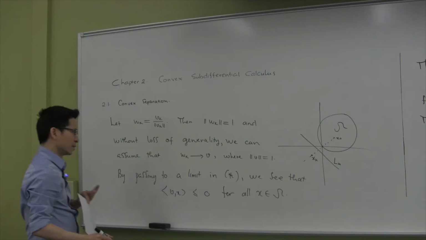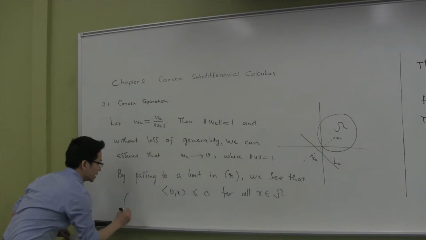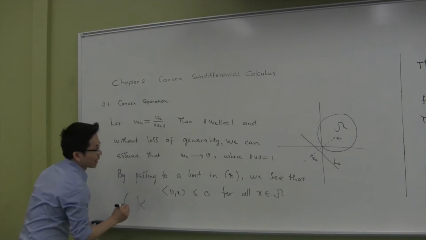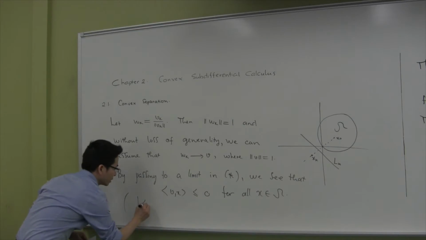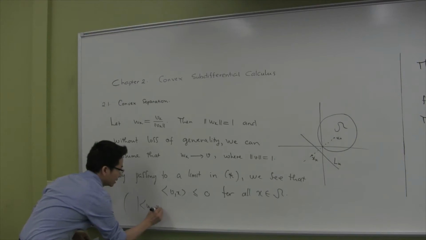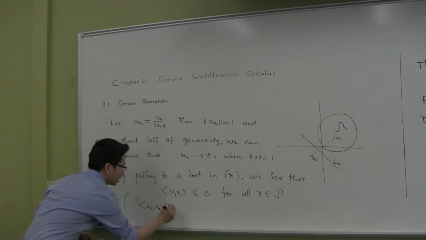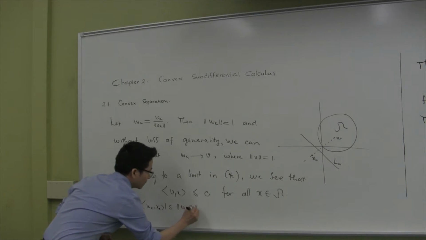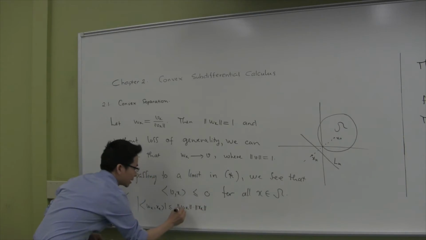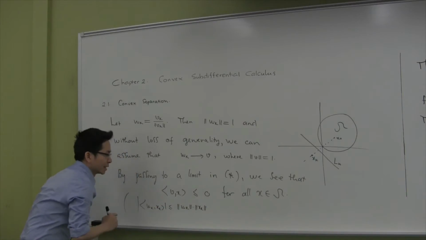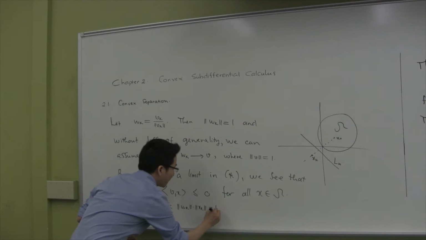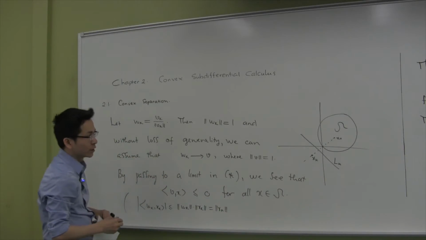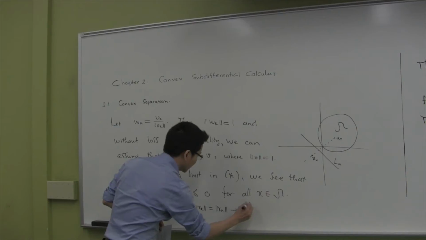Here we use an important property: the absolute value of the inner product of W_k and x_k is always less than or equal to the norm of W_k times the norm of x_k. Note that the norm of W_k is equal to 1, so this is equal to the norm of x_k. Because x_k converges to 0, this one converges to 0.